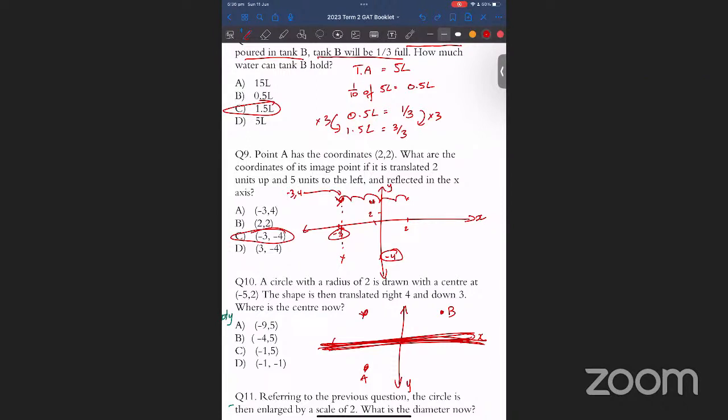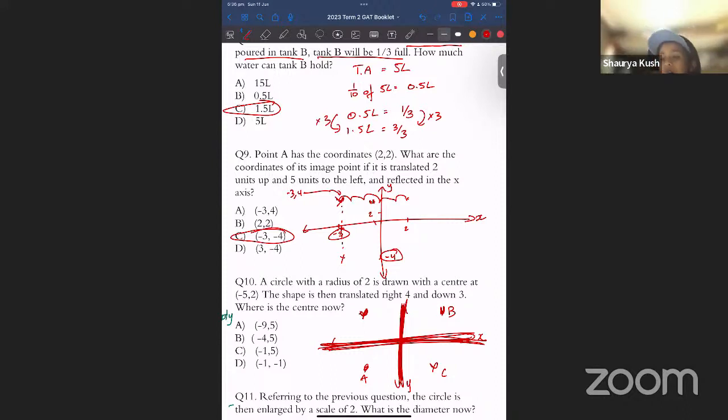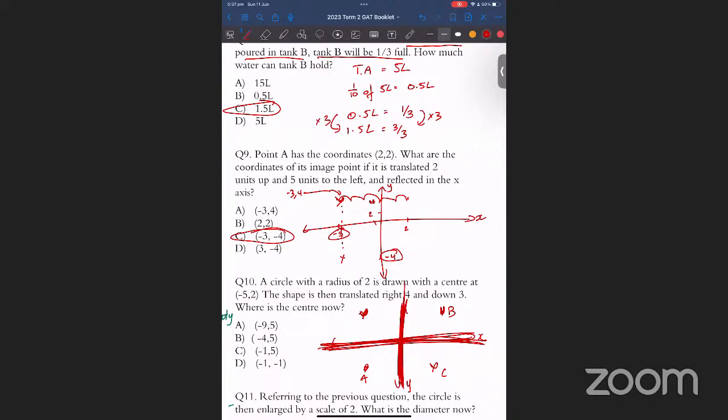Now here's the other thing. If you were to fold it instead on the vertical line, you have a piece of paper and you fold it in the middle like this, would X go here or would it go here? C. It would go to B because you're folding it in the middle at this line, correct?